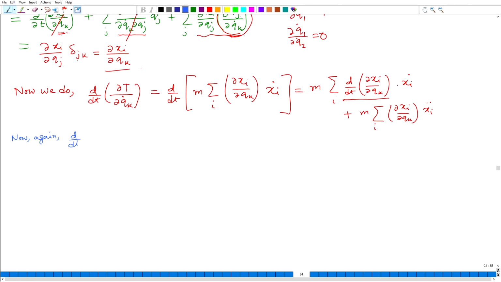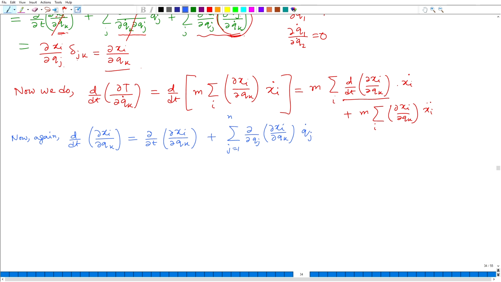If I do d/dt of ∂x_i/∂q_k, you will simply have ∂/∂t of ∂x_i/∂q_k, plus summation over j equal to 1 to n of ∂/∂q_j of ∂x_i/∂q_k times q̇_j. Yeah, that much I can write.